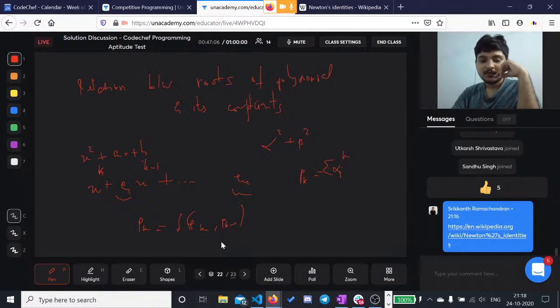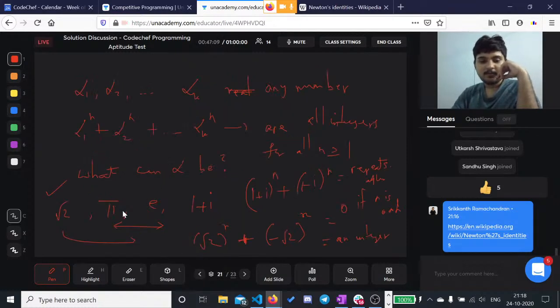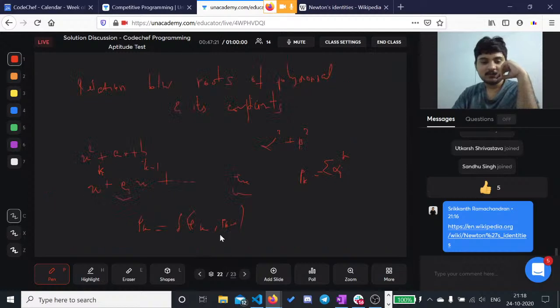So the idea is that if there are some other numbers alpha 2 to alpha k, with alpha 1 being pi or e, then there will exist integers or rational numbers e1 to ek for which pi and e are roots.